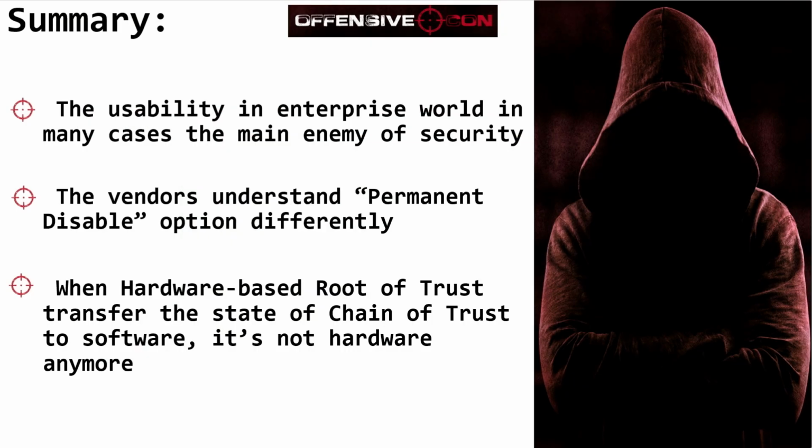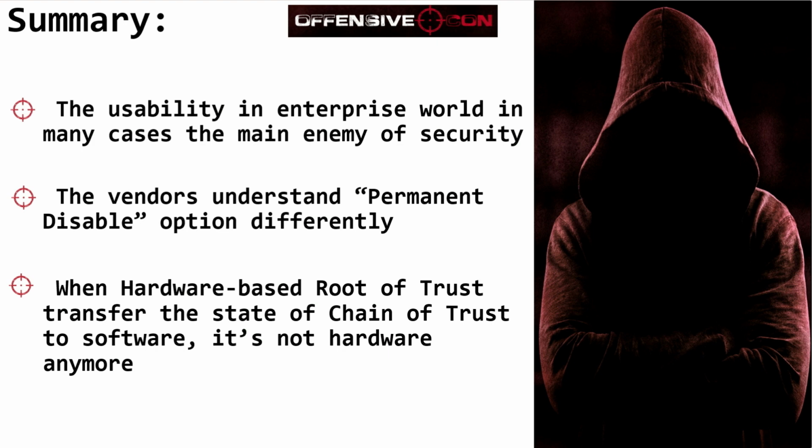In many cases, for usability purposes, the enterprise world needs some mechanism for recovery, right? And in many cases, this is the enemy of security. The vendors understand permanent disable differently than we do. In my opinion, permanent disable means I should burn the fuse, which will not allow this code to run again, never.